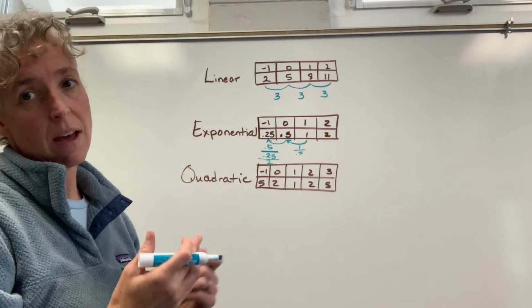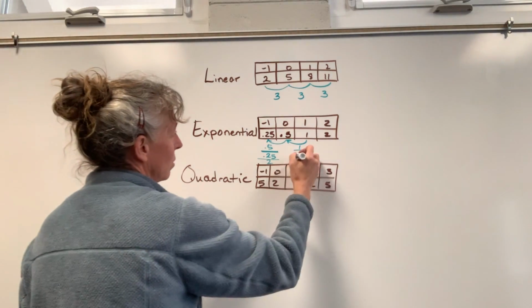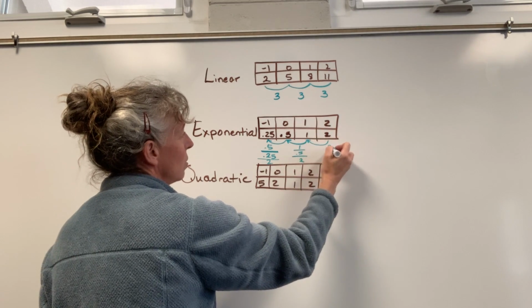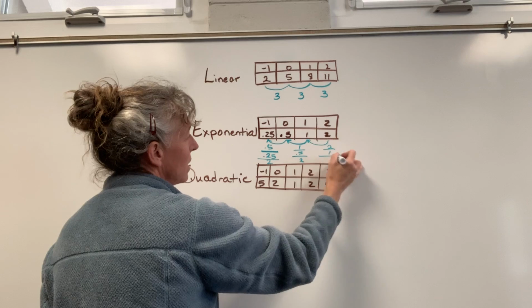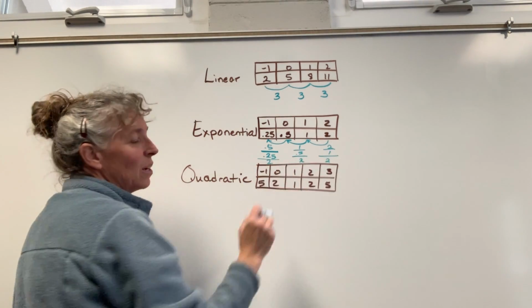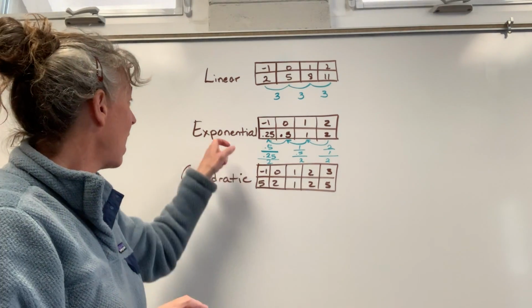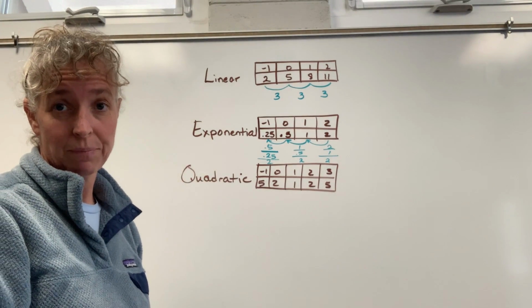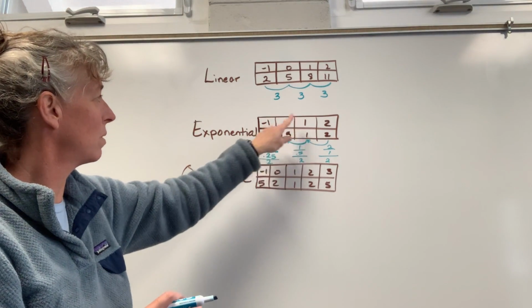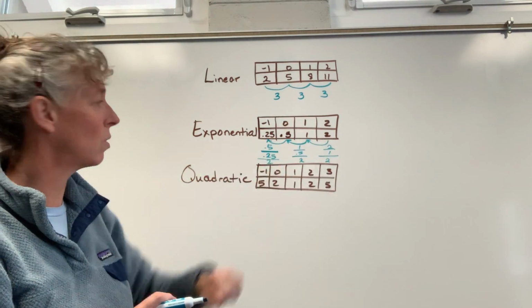What's 1 over 0.5 if I reduce it? Also 2, okay? Then we're going to do this ratio right here, 2 over 1. If I reduce that, that's also 2. So because each ratio equaled the same thing, that would be an exponential function. They're ratios and they all have to be the same thing. This one over this one, this one over this one, this one over this one, okay?